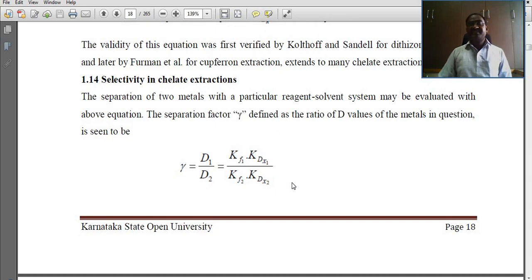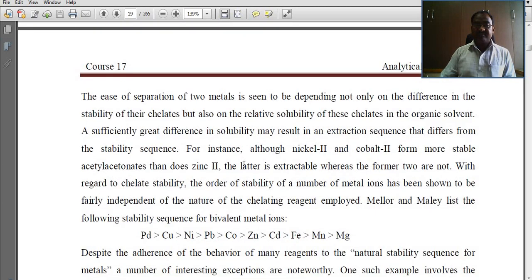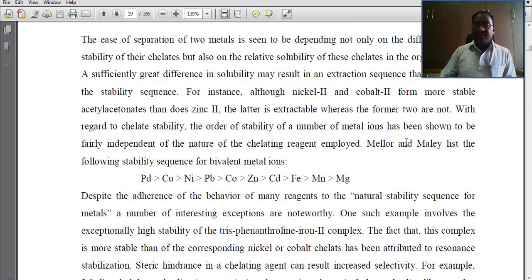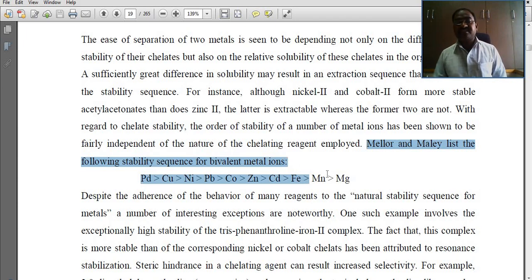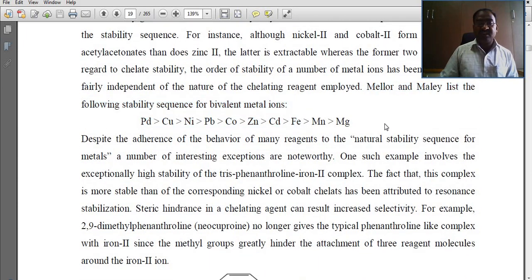The selectivity in chelate extractions. The separation of two metals with a particular reagent solvent system may be evaluated with the above equation. The separation factor is defined as the ratio of the D values of the metals in the aqueous phase. Here Miller and Mealy list the following stability sequences for bivalent metal ions.